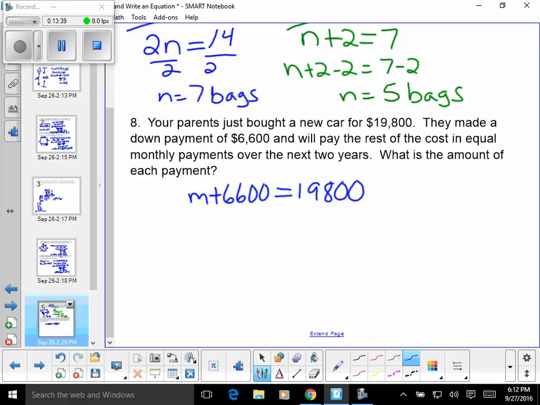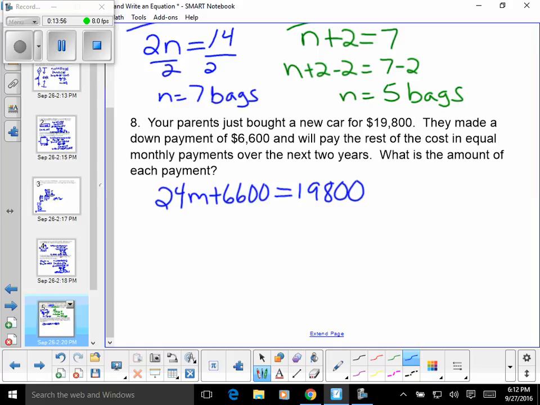We don't know how much you're going to pay each month, but we do know that the payments are 2 years. That's 24 months. So 24 times however much money you pay per month, plus your $6,600, should equal your $19,800.